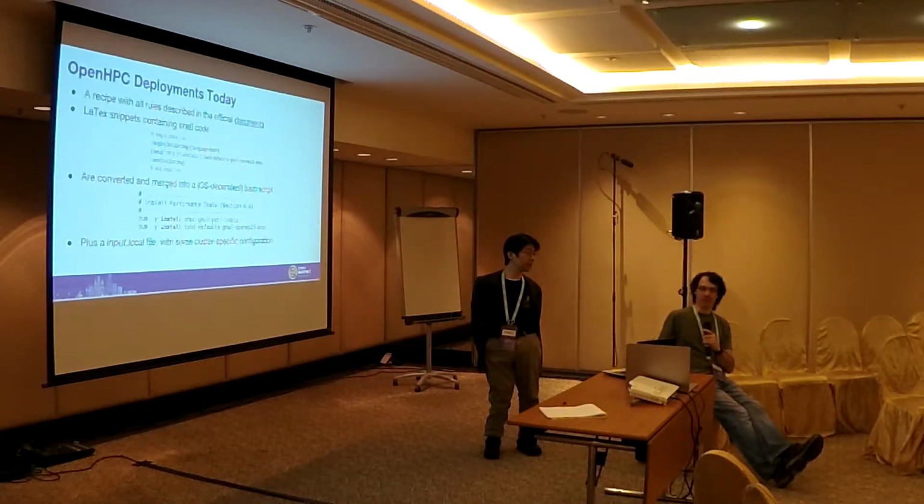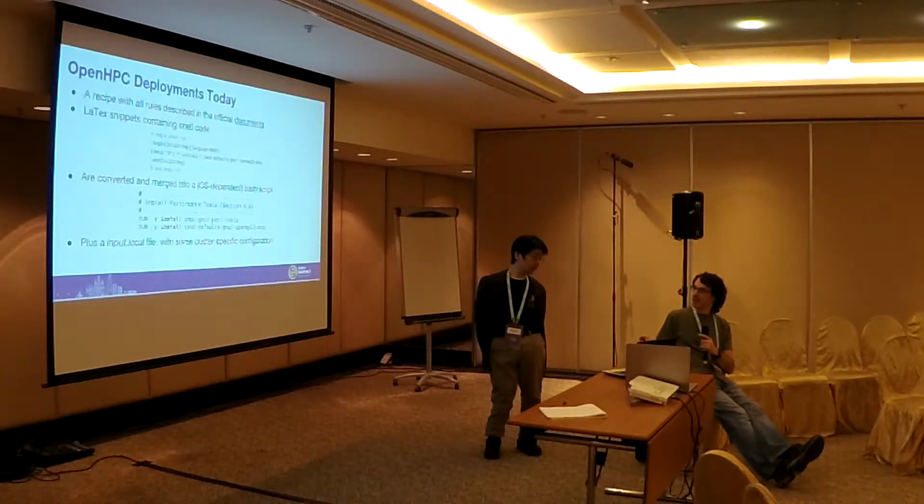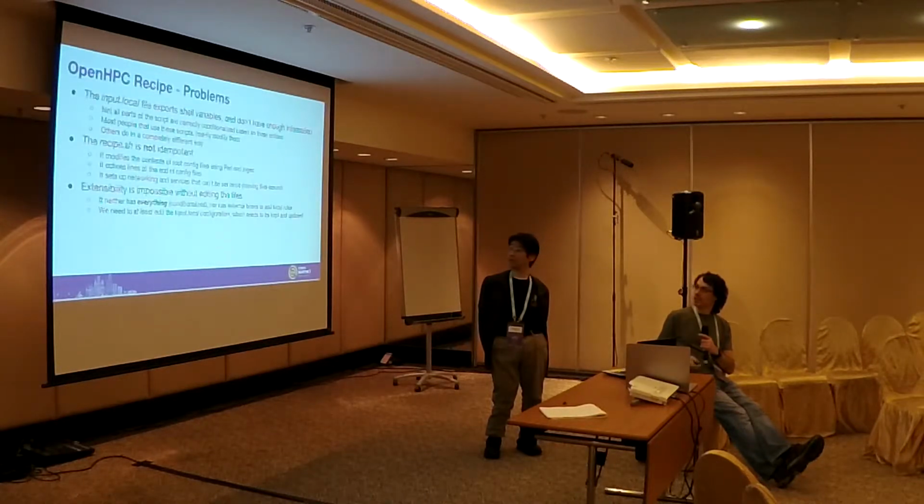So there are a lot of IP ranges and node names. All of these things can change depending on the size of your cluster, and it ends up being a huge list of hard-coded scripts, right? There's also this input.local file, which sets up some bash environment variables, and then you have all the problems of propagating environment variables through different scripts.